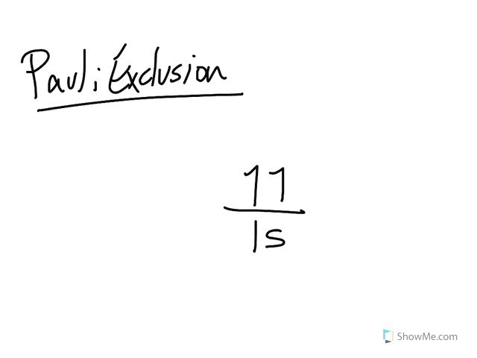What happens is they end up having the same set of quantum numbers. So the Pauli exclusion principle states that no two electrons can share the exact same set of quantum numbers. Otherwise, it would be exactly the same electron. So that doesn't work out. They always need to be pointing in opposite directions. And then the last rule is Hund's rule.